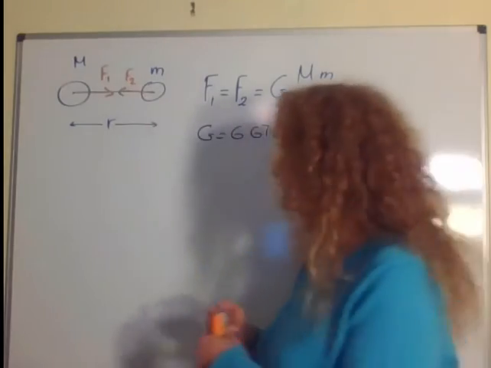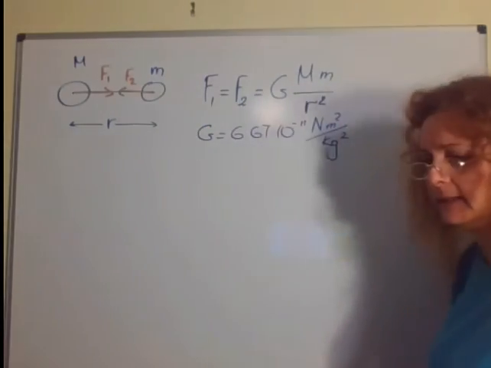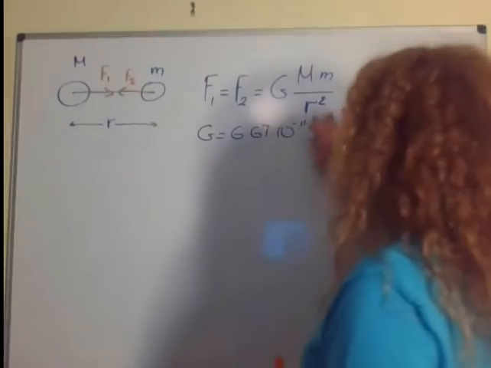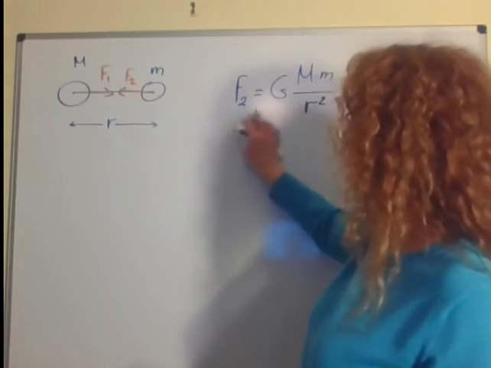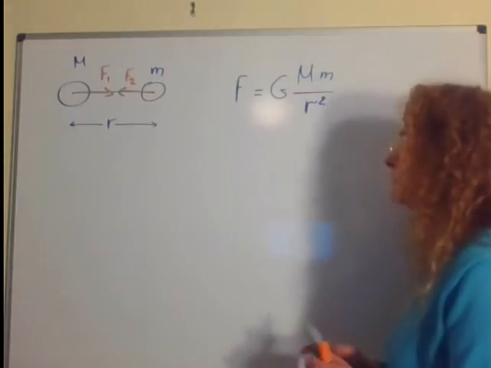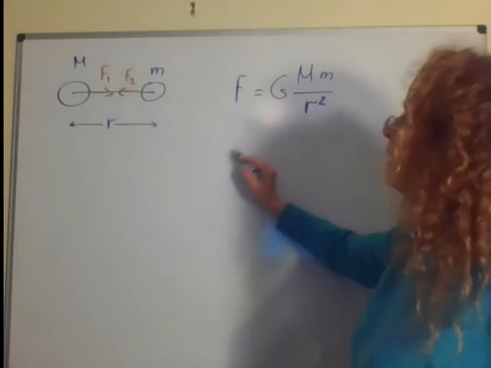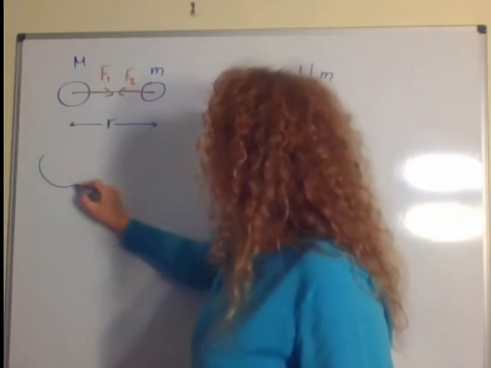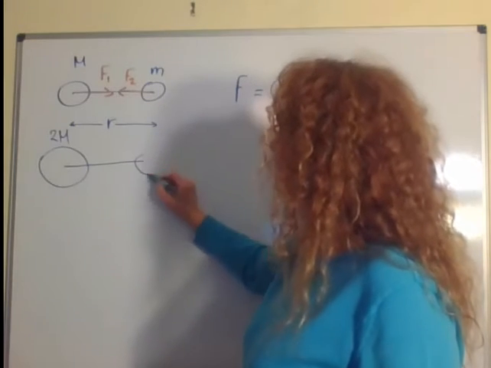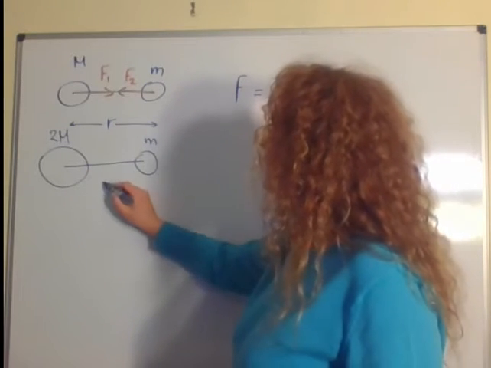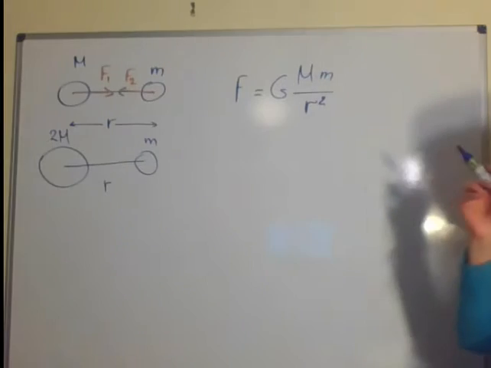Let's prove it. All right, so we have two masses, M and M at a distance R, and we do know that the forces are equal to this. Now, let's say that we double this mass, this becomes 2 times M. This stays as it is, and of course the distance stays as it is.